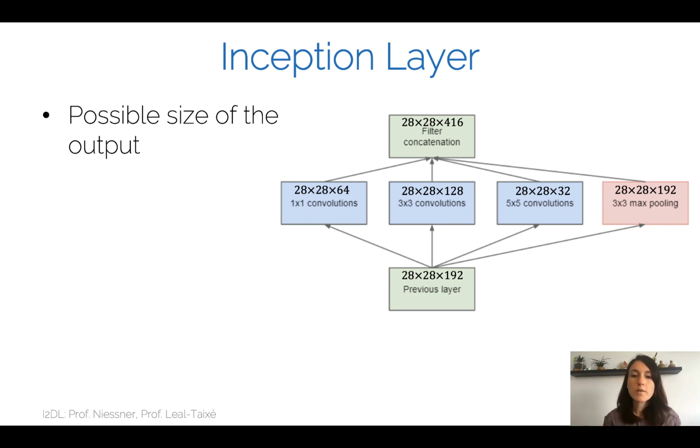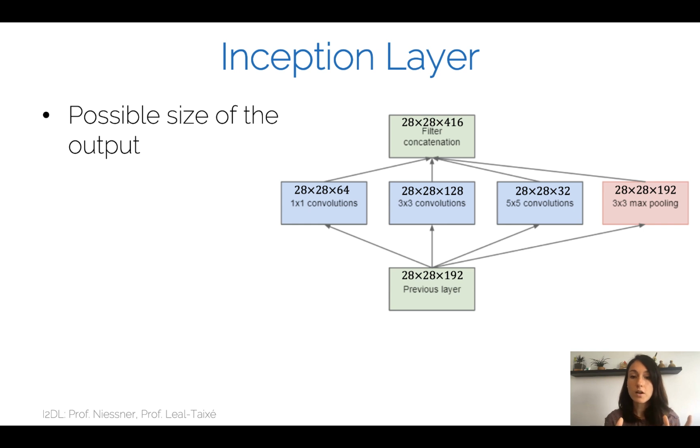So let's look at possible sizes that we could have if we work with such an inception layer. Let's say we start with the previous layer. We get an output of 28 by 28 by 192. So we have quite a lot of depth already. Now imagine that the 1 by 1 convolutions, the 3 by 3 convolutions, the 5 by 5 convolution, and the max pooling all have to work with a depth of 192. So the 1 by 1 convolutions are going to have, for one filter, 192 weights.